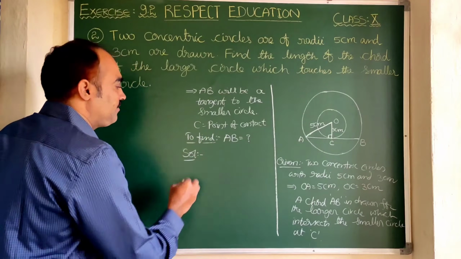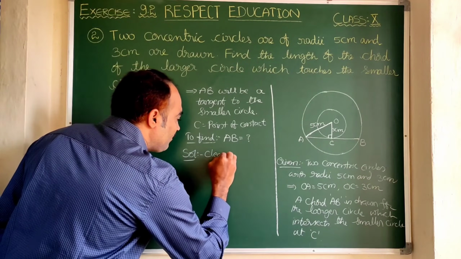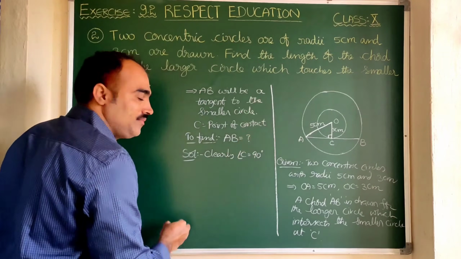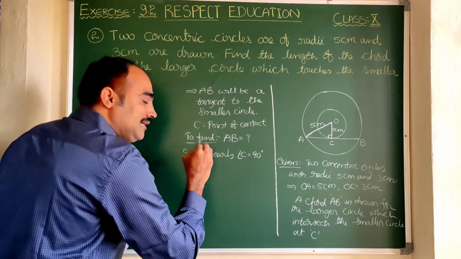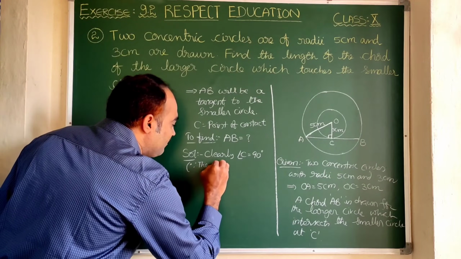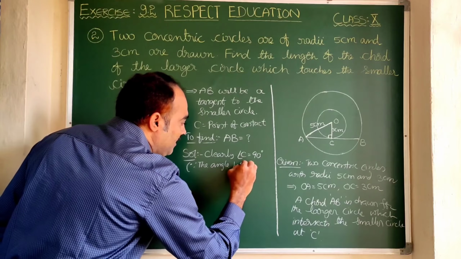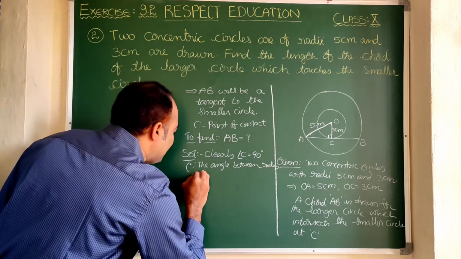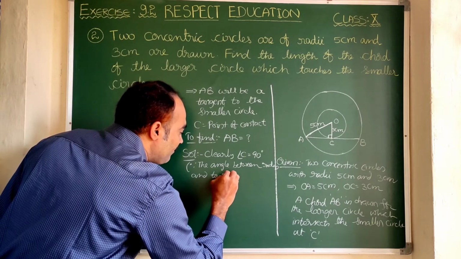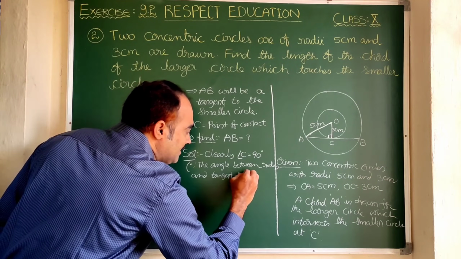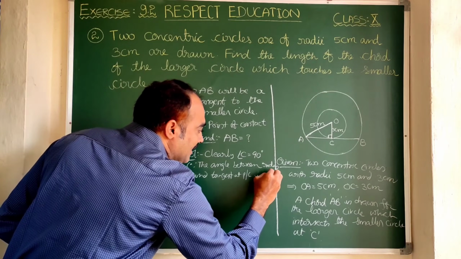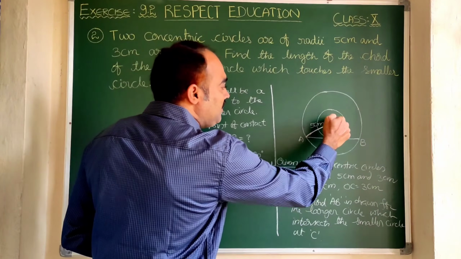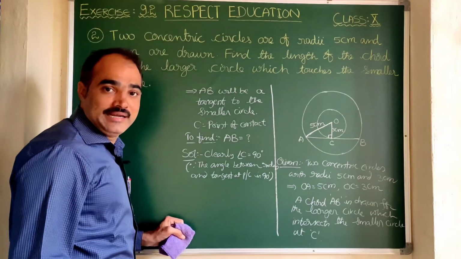So we can write clearly, angle C is equal to 90 degrees. Here I write the reason: the angle between radius and tangent at the point of contact is 90 degrees, based on which we can say angle C is 90 degrees. Now clearly which kind of triangle is OCA? It is a right angle triangle.